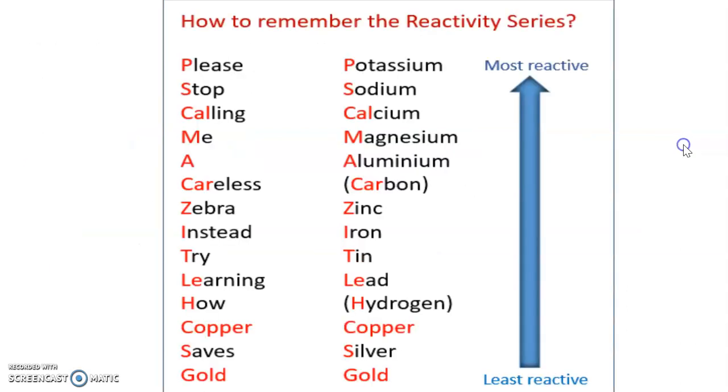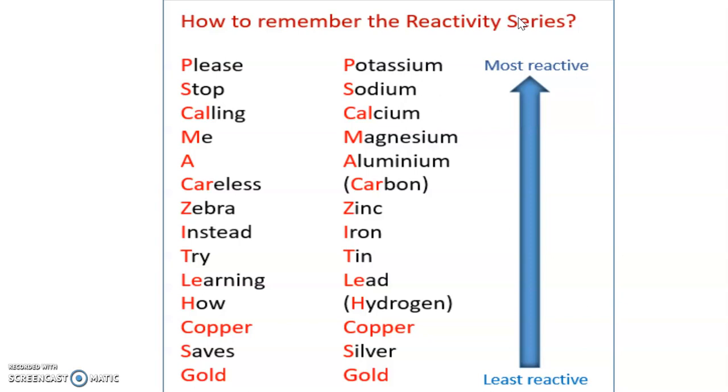Now, before discussing displacement reaction in detail, I want you all to just look at this picture, right? In this picture, this is the reactivity series. The reactivity series means the arrangement of metals in decreasing order according to their reactivities.